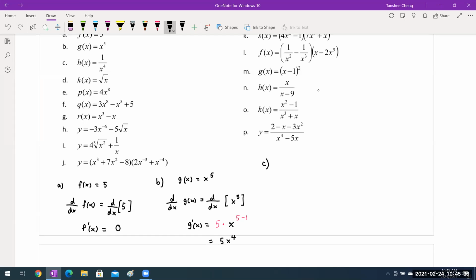C. h of x is equal to 1 over x to the 4th power. Now, you can use the quotient rule, but the numerator is a constant, so what we can do is rewrite these functions.